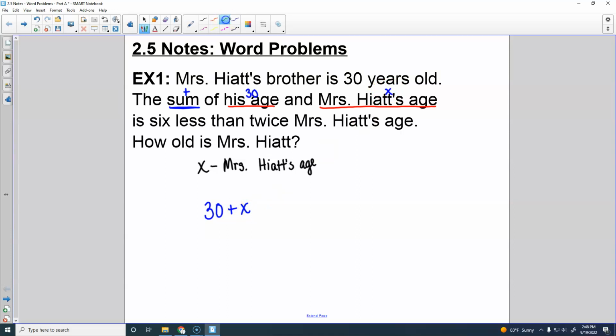Okay? So the sum of his age, 30, and Mrs. Hyatt's age, X, so 30 plus X, is, what's that tell us to put? Equals. Is going to be our equal sign. So here's where our equal sign goes. Then I've got 6 less than.